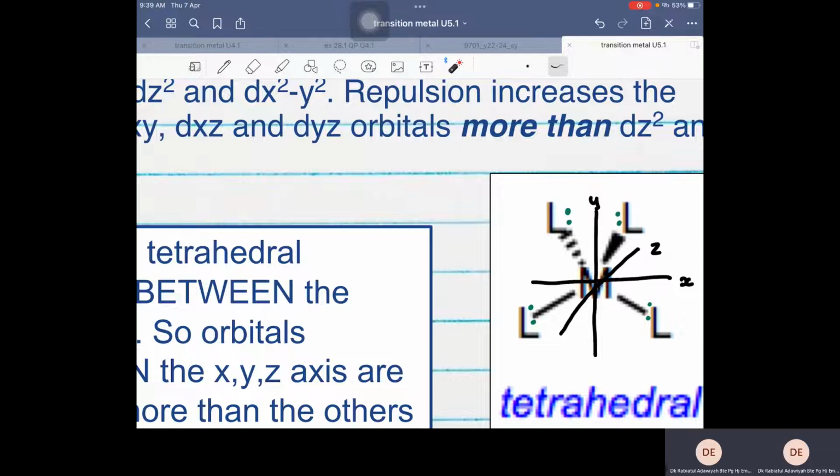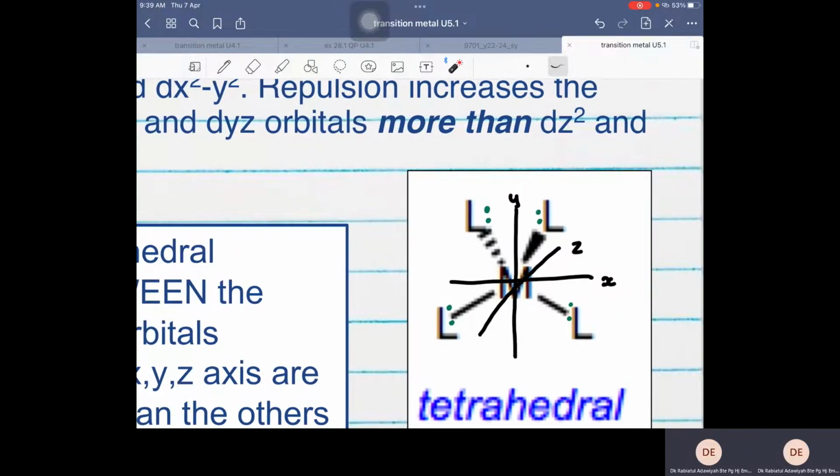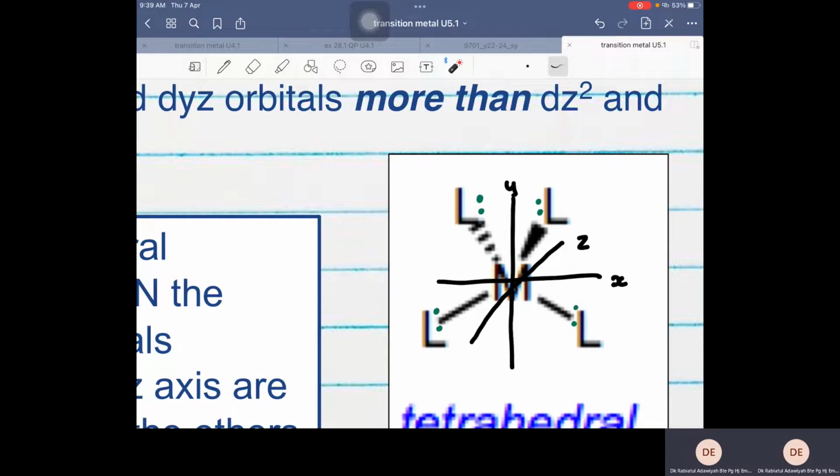So this time, it is the orbitals that sit between the axis that feel more repulsion. Okay, so I don't draw it here, but it is the dxy, dyz, and dxz that will be at the higher energy because of more repulsion. So the idea is bigger repulsion, higher energy.